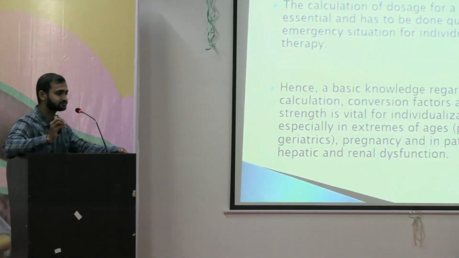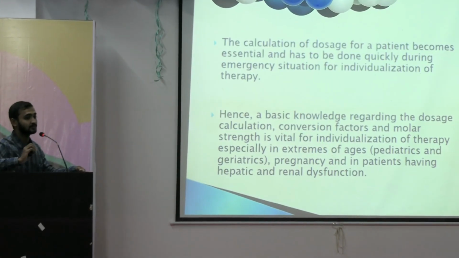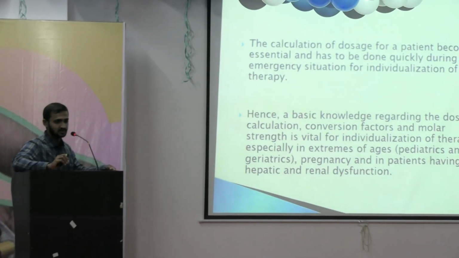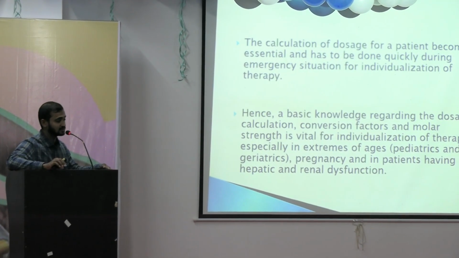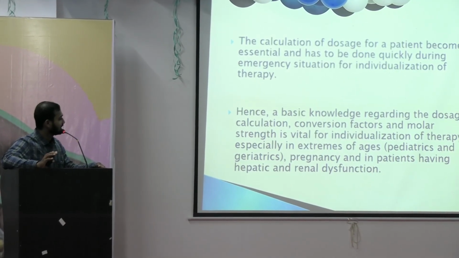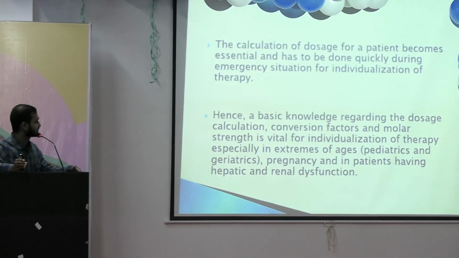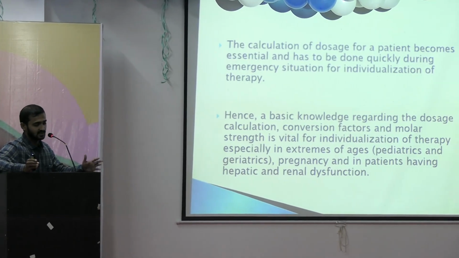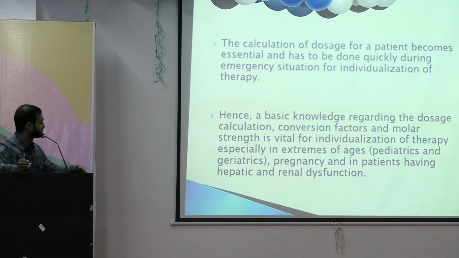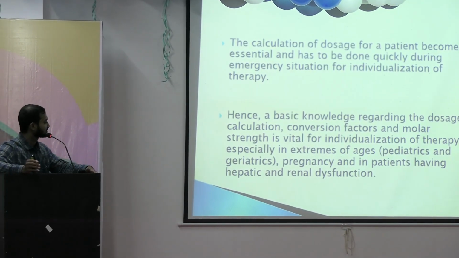If you know the dosage and the calculation properly, you can act much faster to stabilize the patient. That is one benefit. Other than that, there is importance in extreme ages, like pediatric and geriatric patients, in pregnancy, and in hepatic and renal dysfunction.